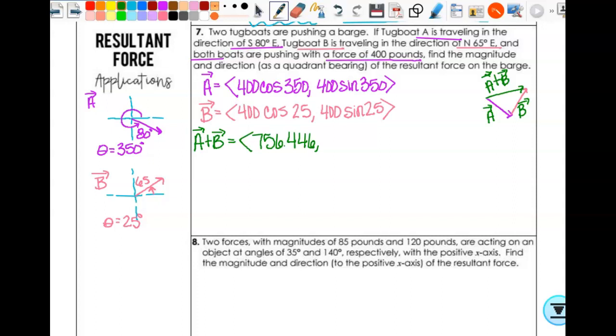We'll do 400 times the sine of 350, close your parentheses, plus 400 times the sine of 25. You should get 99.588. Then we're going to store that in B, so shift, recall, all those comma things for B. All right, everybody good?